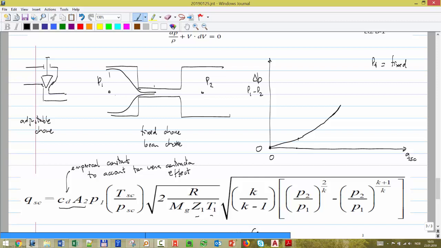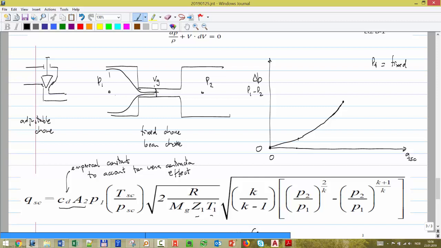Now, what happens at some point in that choke is that the velocity at the throat reaches sonic velocity in the fluid, right? The velocity of the gas at that point becomes so high that it reaches the sonic velocity in the fluid.